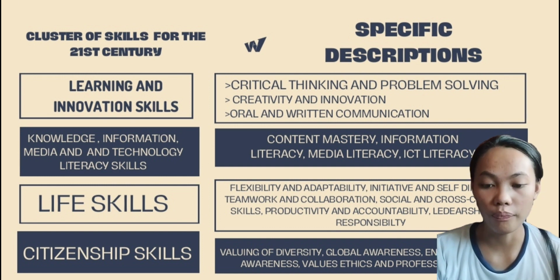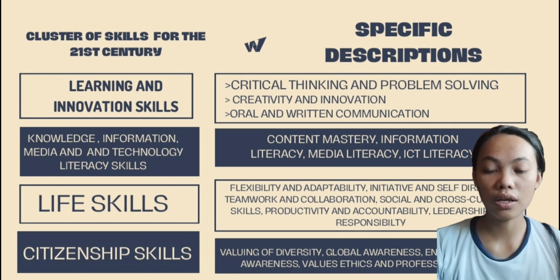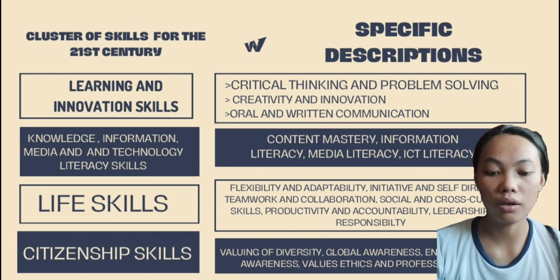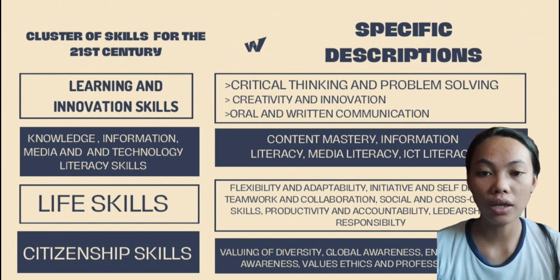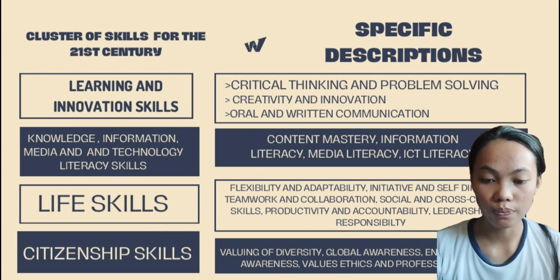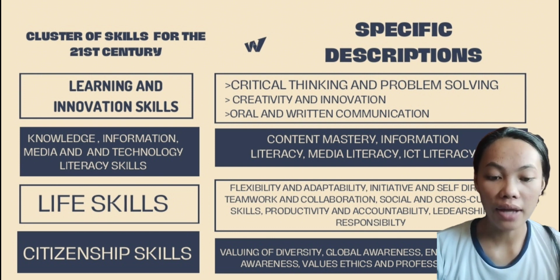The first column: learning and innovation skills; knowledge, information, media and technology literacy skills; life skills; citizenship skills. The second column has critical thinking and problem solving, creativity and innovations, oral and written communications. Next is content mastery, information literacy, media literacy, ICT literacy.